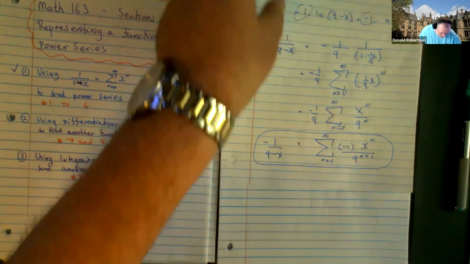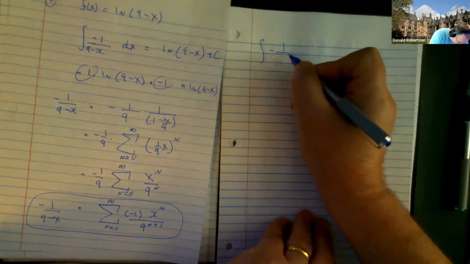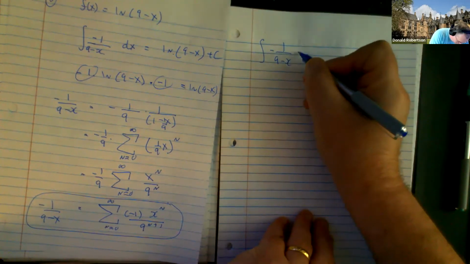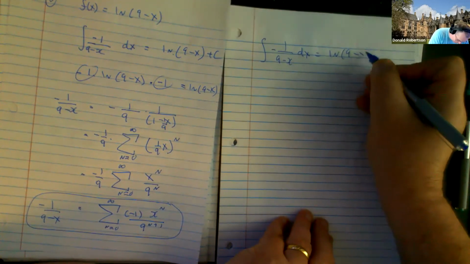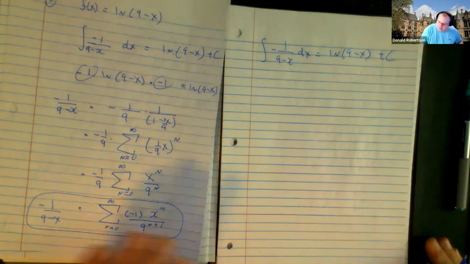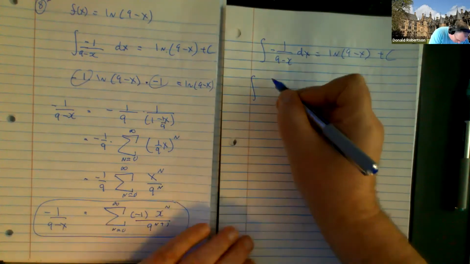So if I integrate this function, won't I get the natural log of 9 minus x plus some arbitrary constant c? So I am now going to integrate this guy.